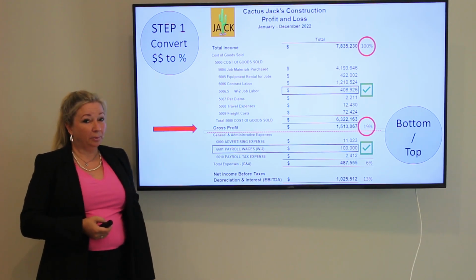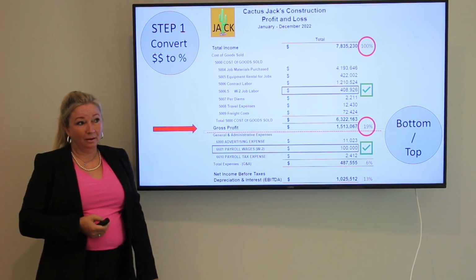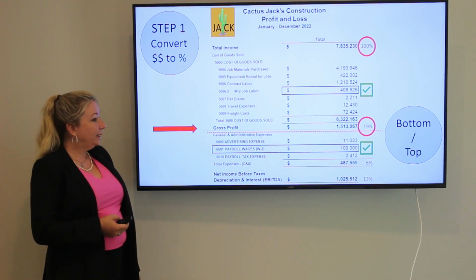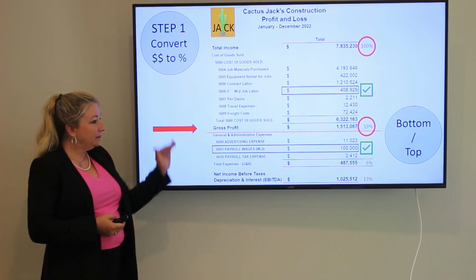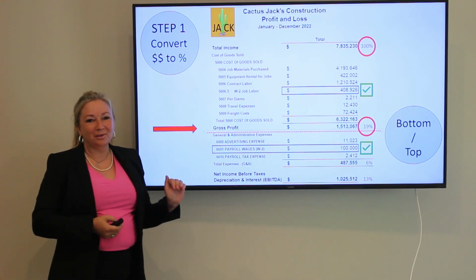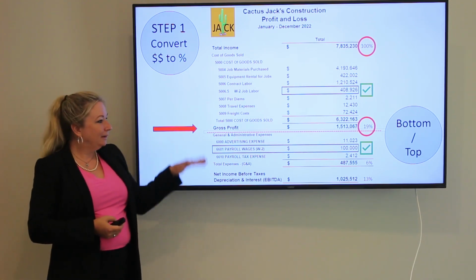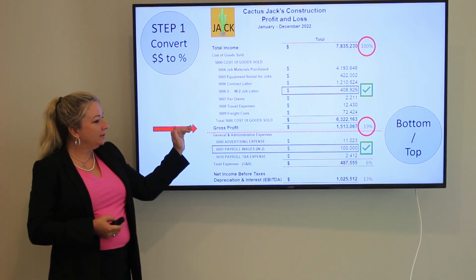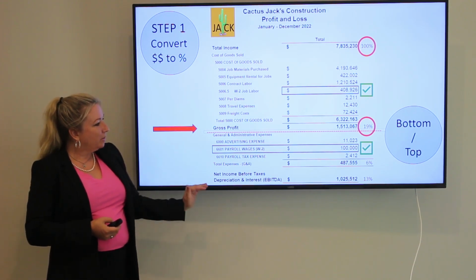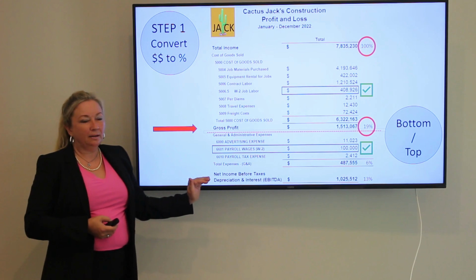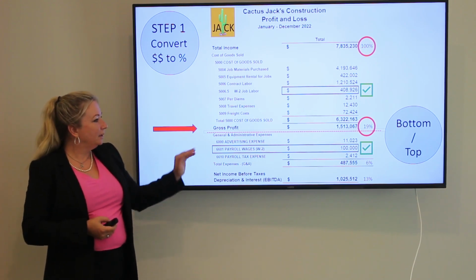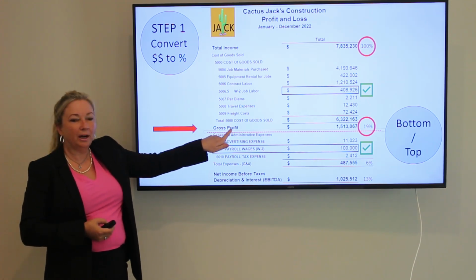Is that still a good percentage? Well, it depends. It's still a good percentage if your bottom line is green, but if your percentage is 19% and your bottom line is negative, I would focus on how to get this number up.